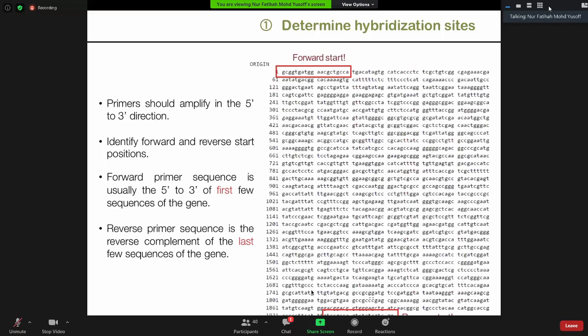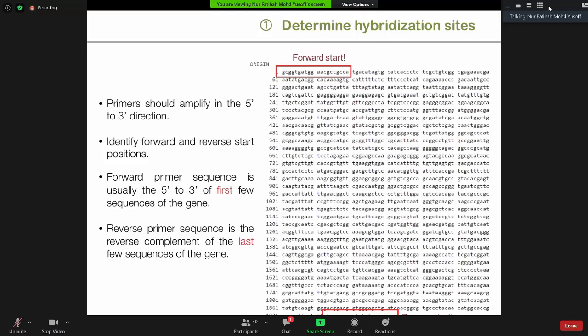If you want to amplify the whole sequence? I think not at the end, because you won't get the upstream of the sequence. Yes, correct. The sequence will not be full length, because you only aim at the internal sequence.